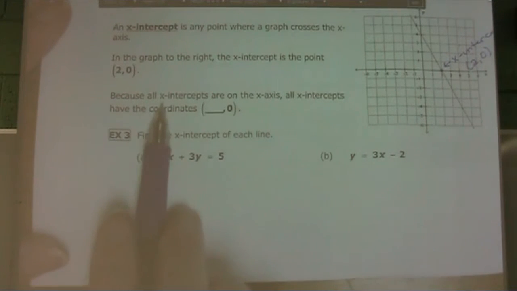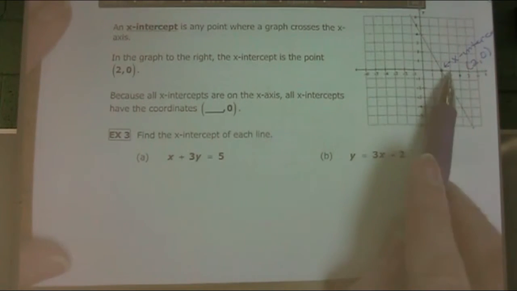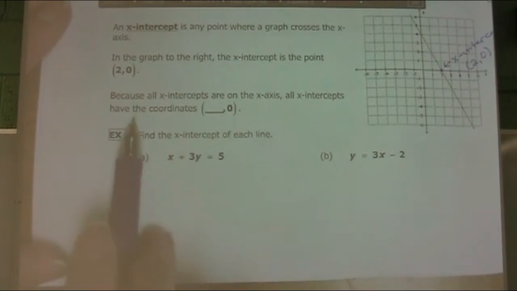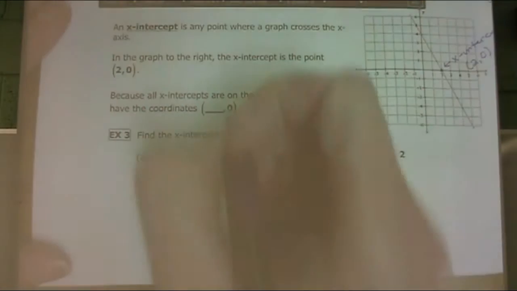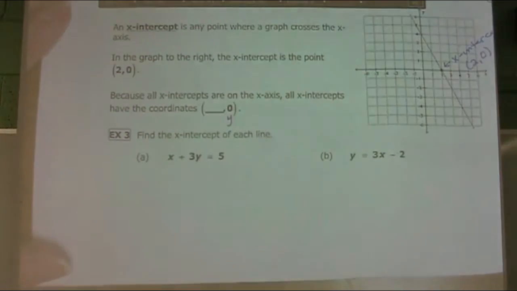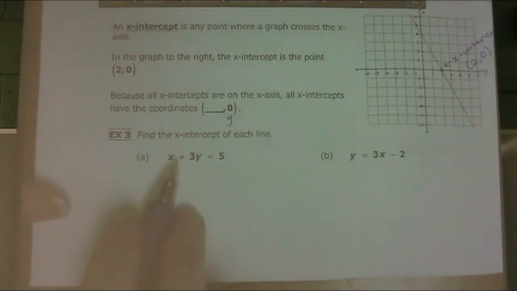Because all x-intercepts are on the x-axis, all x-intercepts have the coordinates, a number, and then 0. So the y is 0. And so for that reason, it makes it really easy to find x-intercepts. And we're going to do that in each of these two examples.